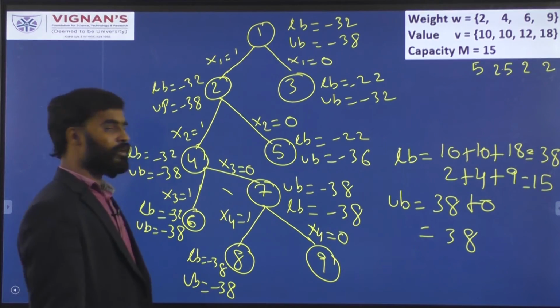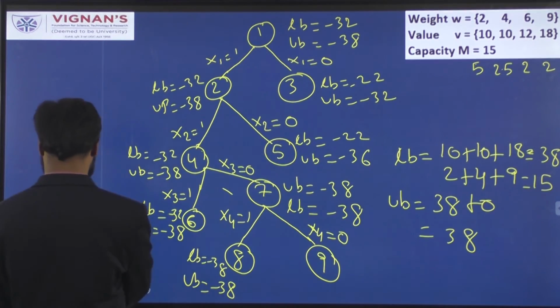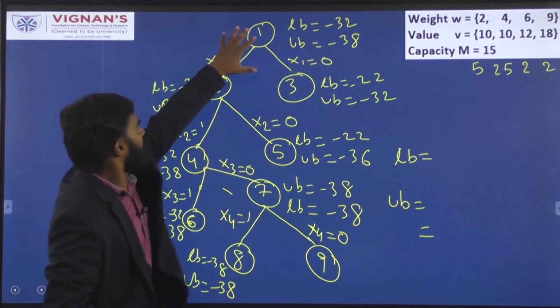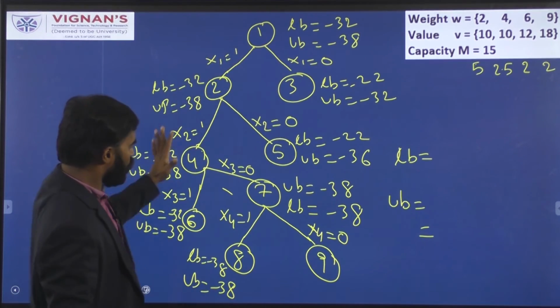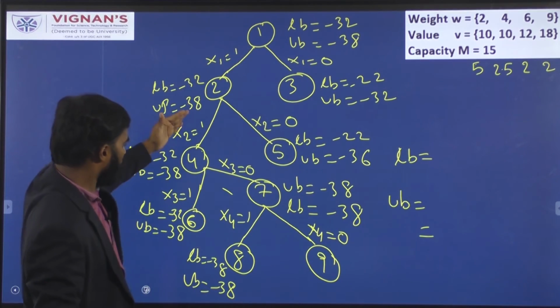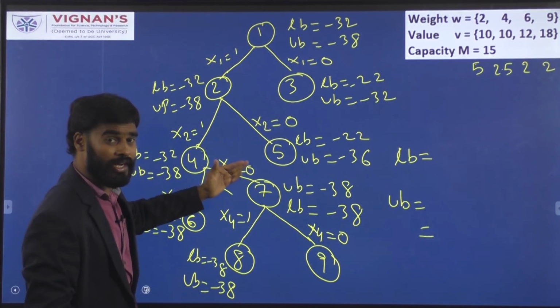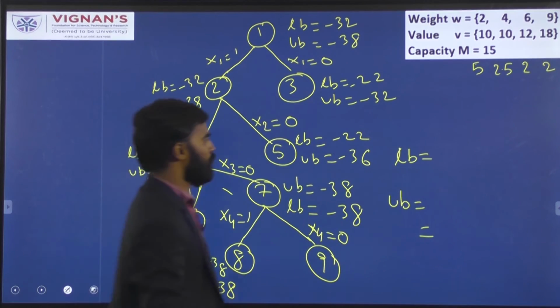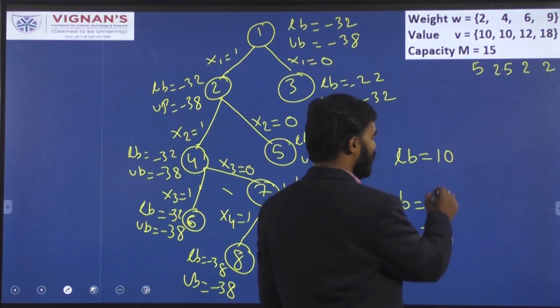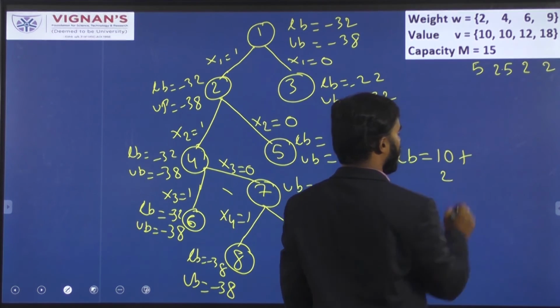Okay. So what is the lower bound and upper bound for node 9? See the path for 9: 1, 2, 4, 7, 9, which means include 1, include 2, don't include 3 and don't include 4. Include 1 whose value is 10 and weight is 2.